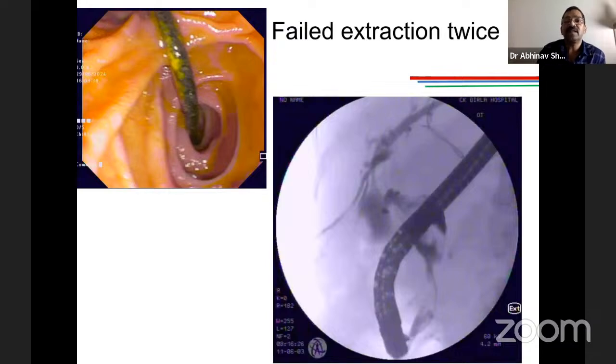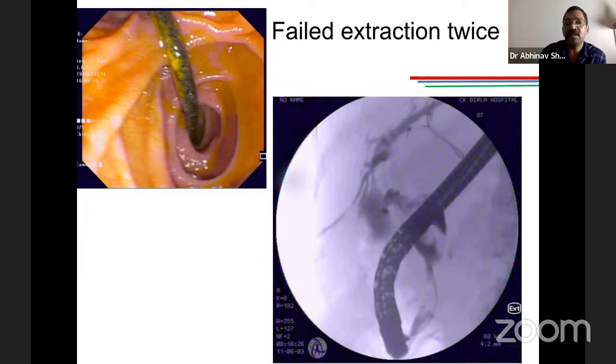With failed extraction, this is one of my cases. This lady had 2 ERCPs. Both times failed extraction. You can see a stent is there, which looks like a very old stent. And when we did the cholangiogram, it looks like the CBD is grossly dilated and there is a large stone and a narrow CBD down there.